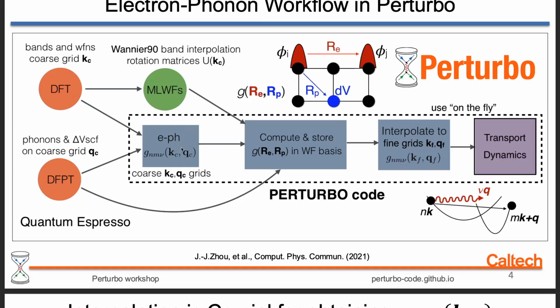We cannot do these calculations on grids dense enough to get transport and dynamics straight from these quantities. So we need to use interpolation methods, where we take the coupling on the coarse k and q grids, interpolate them and store them in real space, and then we can interpolate that back to any k and q of interest to use for transport and dynamics calculations and so on.